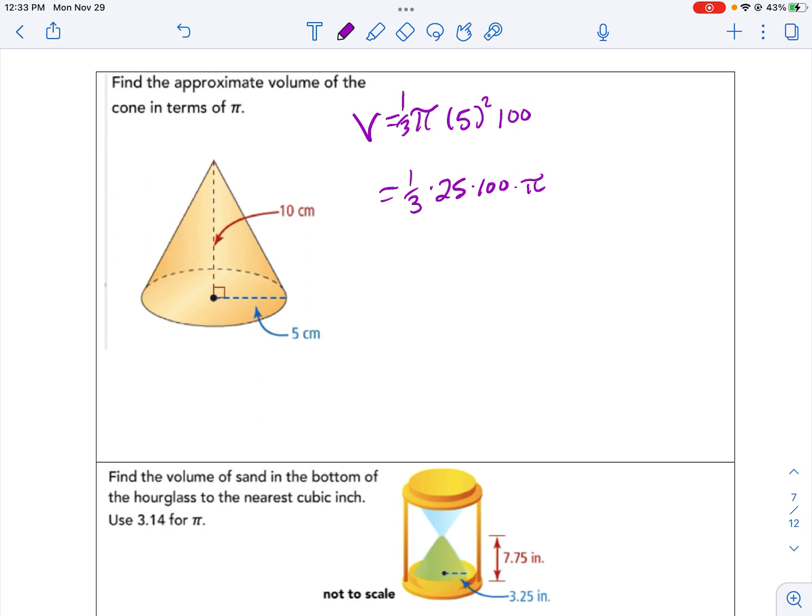So now I have 1/3 times 2,500 pi. When you take 2,500 divided by 3, you get 833.3 repeating, but it says approximate, so we're going to round to the nearest whole number. So when approximating, we get 833 pi centimeters cubed.